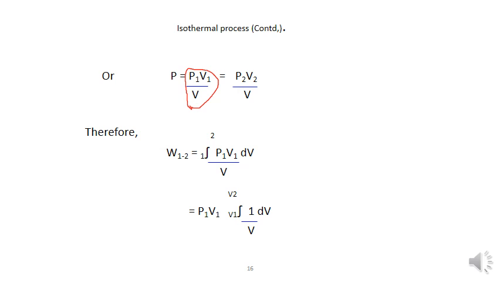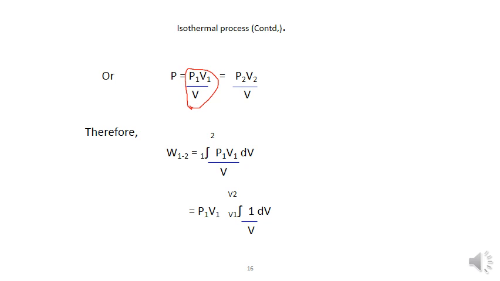So P1 V1 times the integral from V1 to V2 of 1 by V dV. The integration of 1 by x dx is nothing but log x. Here the variable is V, so we need the integration of 1 by V dV.